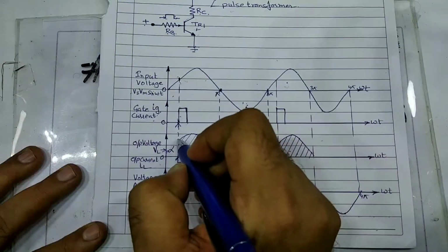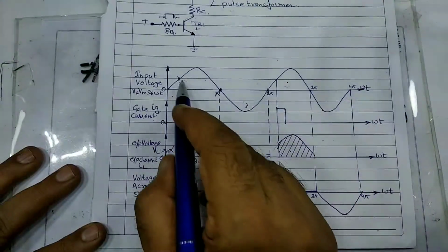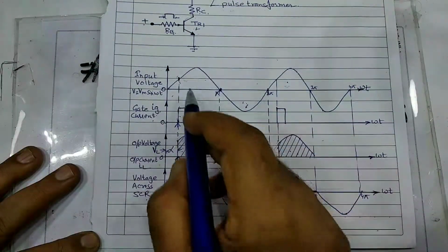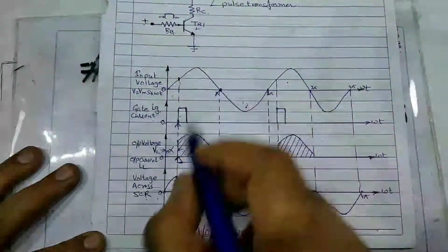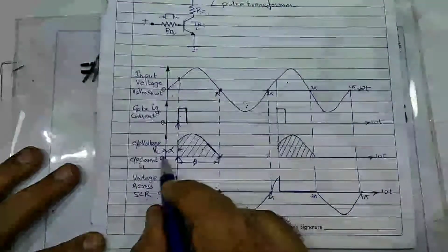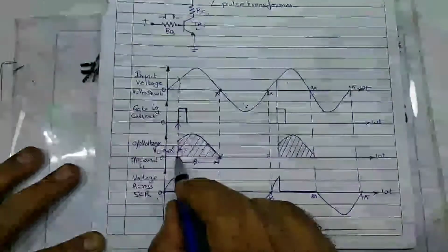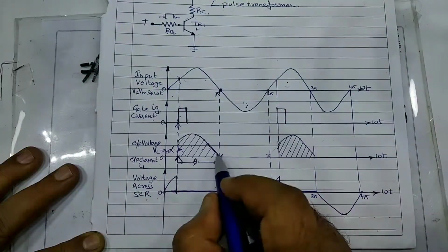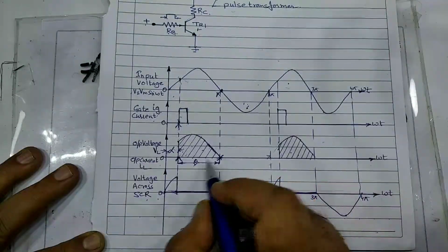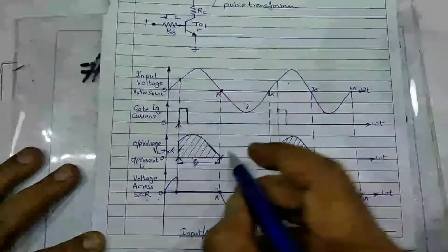At this particular phase angle, the thyristor switches on since it is in the forward bias condition. This angle is called the firing angle alpha. From this instant to pi, the thyristor is on. The conduction is on, so this angle is called conduction angle theta.